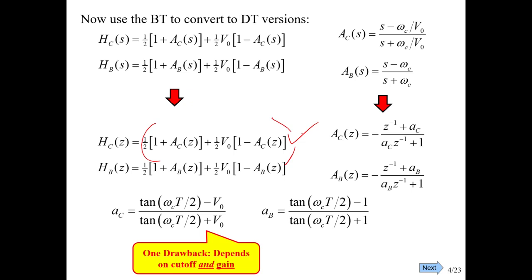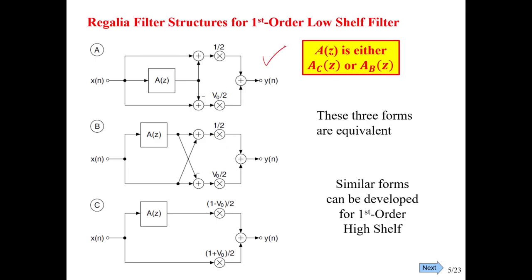This whole thing's going to multiply X of z. So X of z is going to go into that one. X of z is going to go into that one. Well, then we do two different things with that. So why not just make that one operation? And we can see through some algebra here that we can group that. And what we end up getting is something that looks like this.